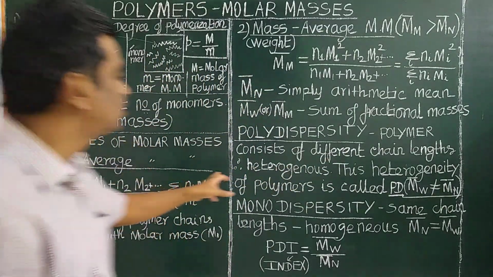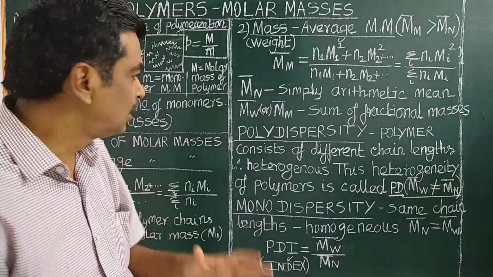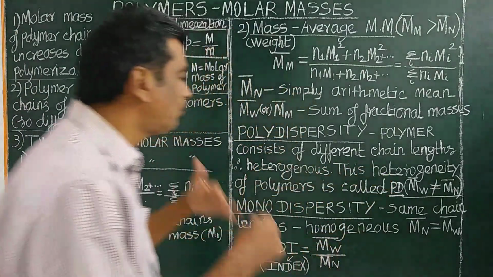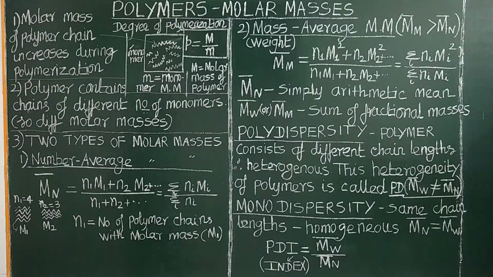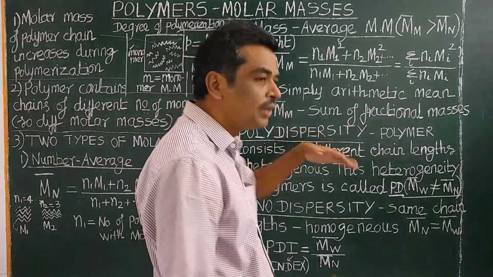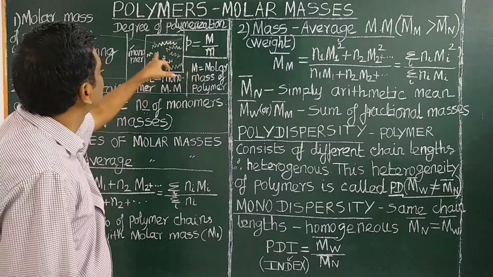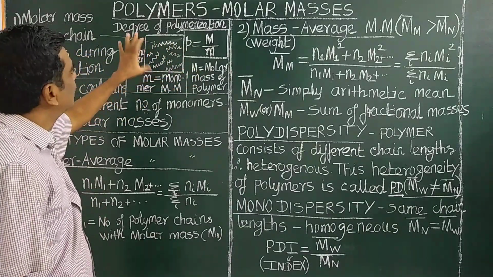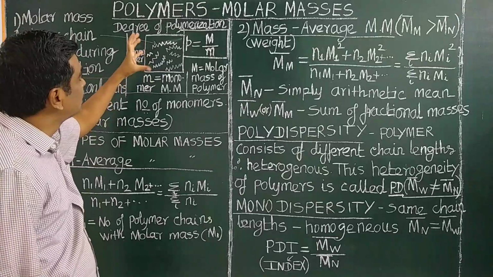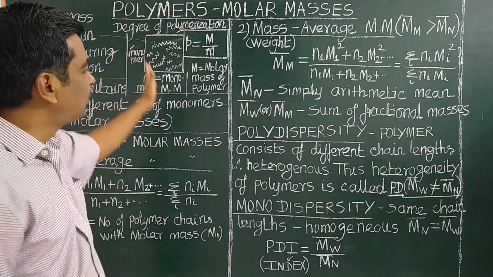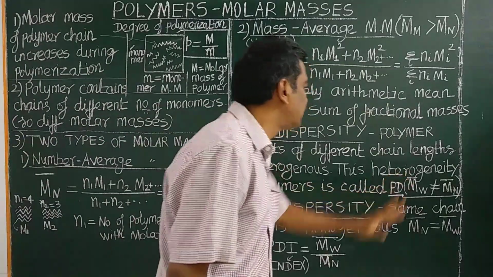Therefore, polymer samples are heterogeneous. Remember, this heterogeneity of polymers is called polydispersity. The polymers of different chain lengths and different molar masses. The polymer sample is therefore heterogeneous. This heterogeneity of polymer sample is called polydispersity.